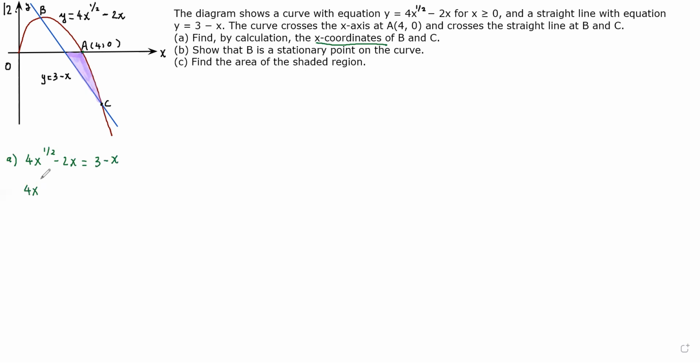So when we rearrange, 4x to the 1/2 is 3 minus x plus 2x, moving the negative 2x over, so that 4x to the 1/2 is 3 plus x. In order to solve for x, we can square both sides.